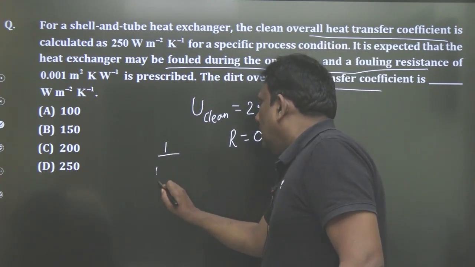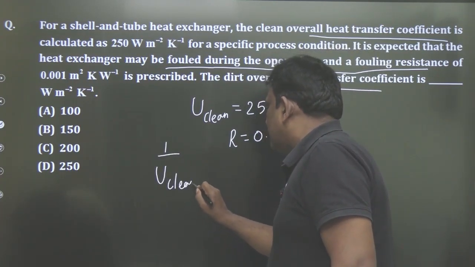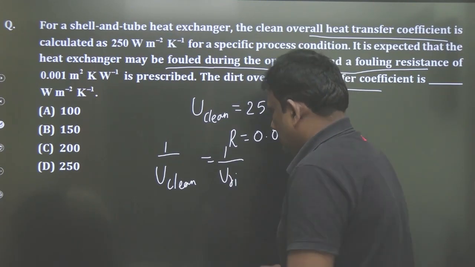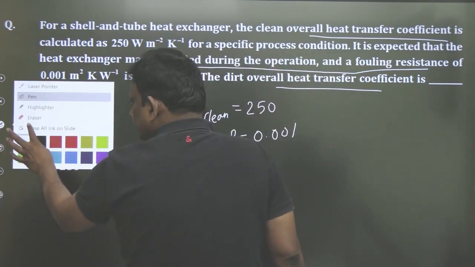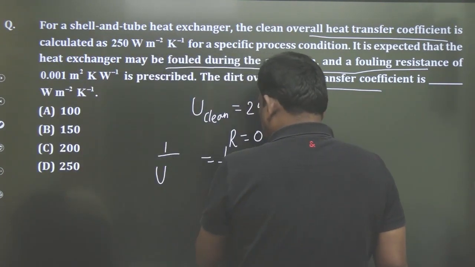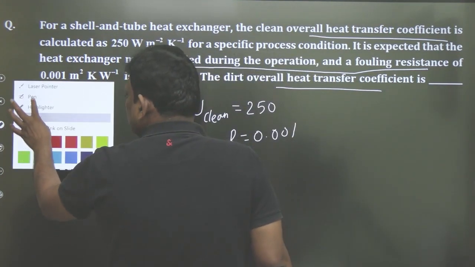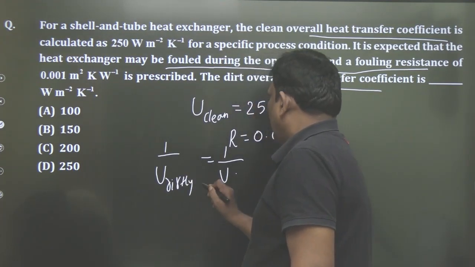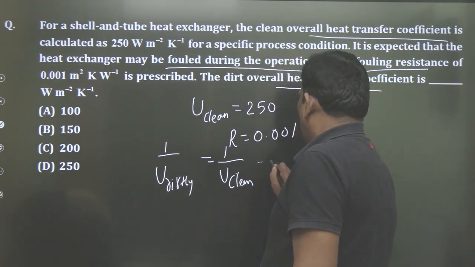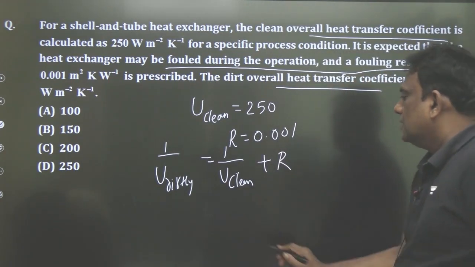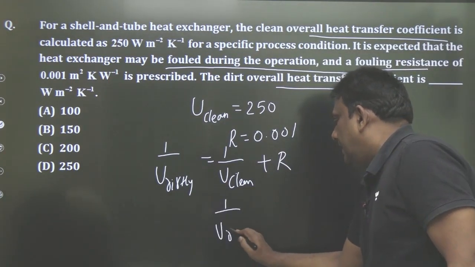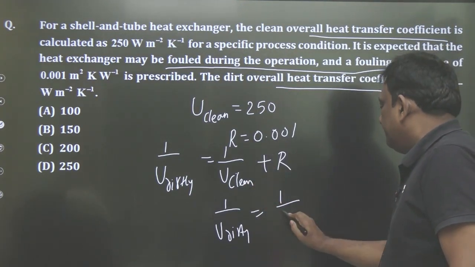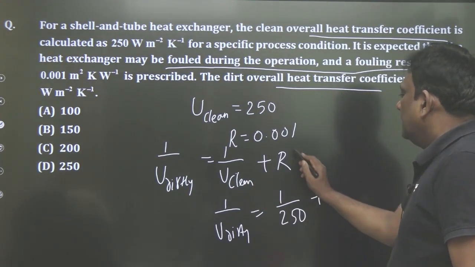Look, if you want the dirty coefficient, it will be clean plus fouling resistance. So 1 by the dirty heat transfer coefficient is given by 1 by clean. What is clean? It is 250. And what is the fouling resistance?